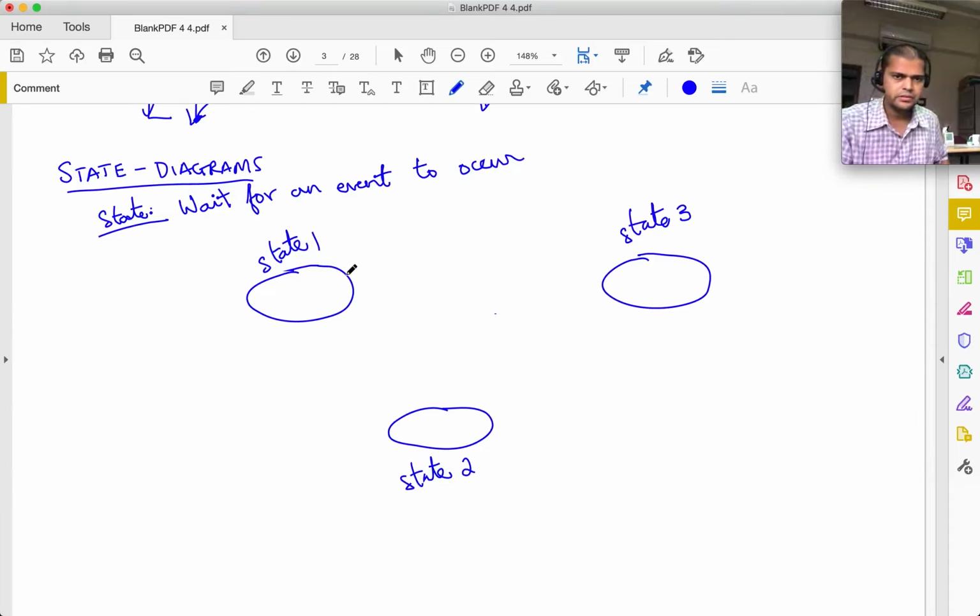So let's say that we are in state 1 and some event took place. Let's say event A. What we will do is we will take some action.